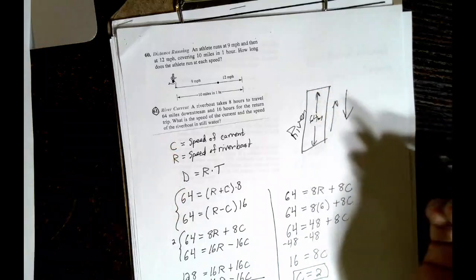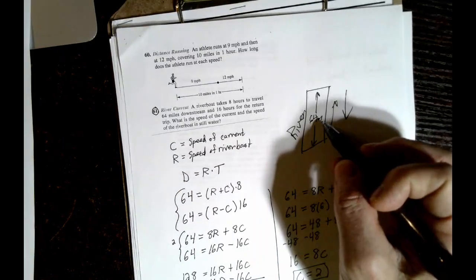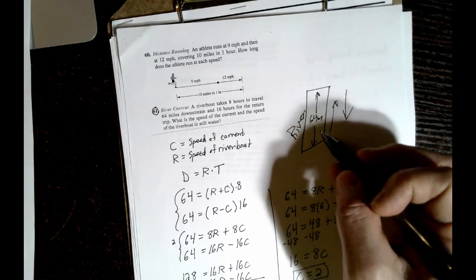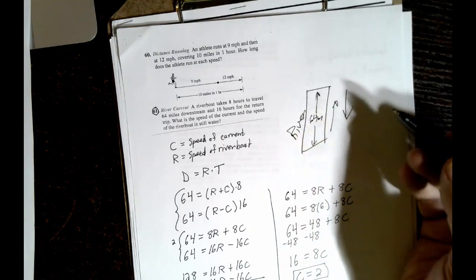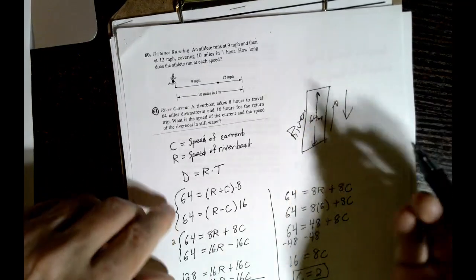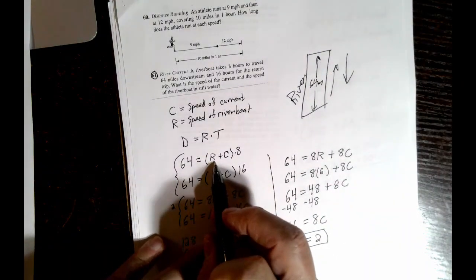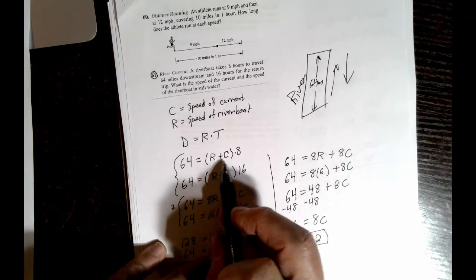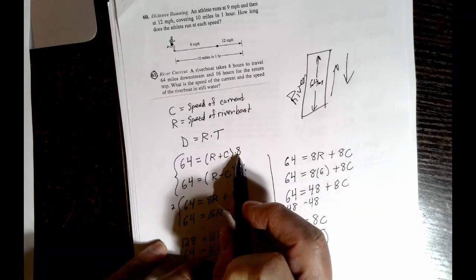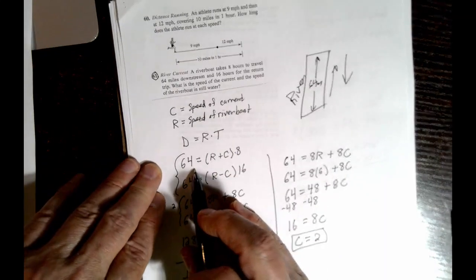Well, the reason for that is because when you're going downstream, you have the speed of the riverboat, but you also have the speed of the current propelling you even faster. It's just like if you're walking on a flat escalator, right? So when you're going downstream, you've got the speed of the riverboat plus the speed of the current. They add together, and that times the amount of time of 8 hours gives you a total distance of 64 miles.